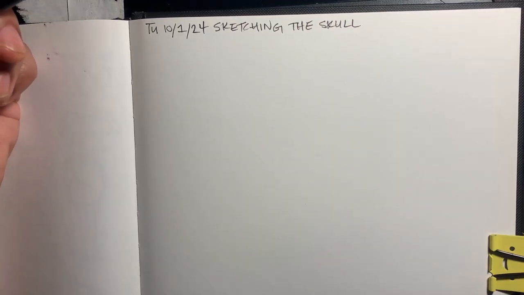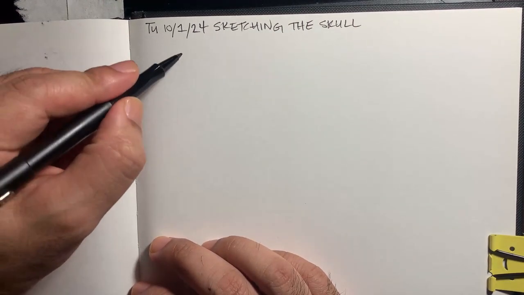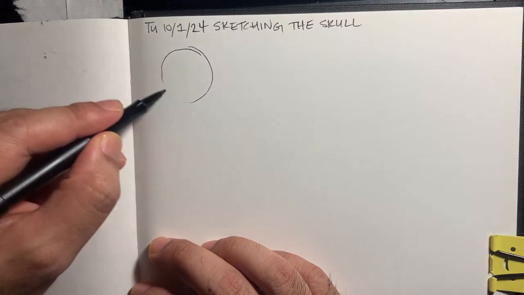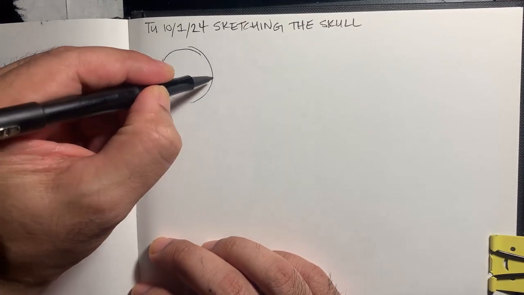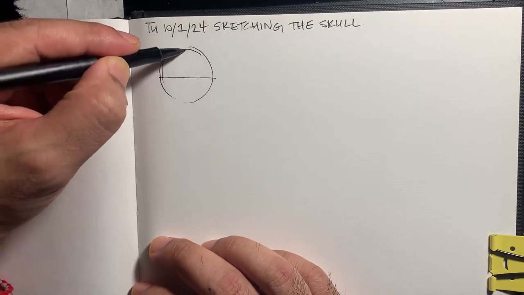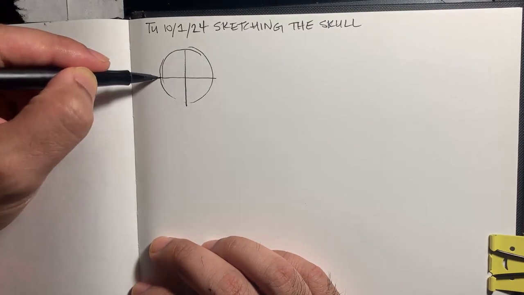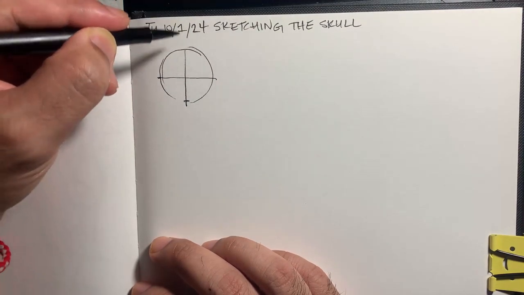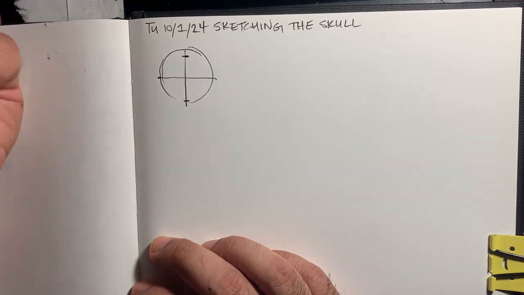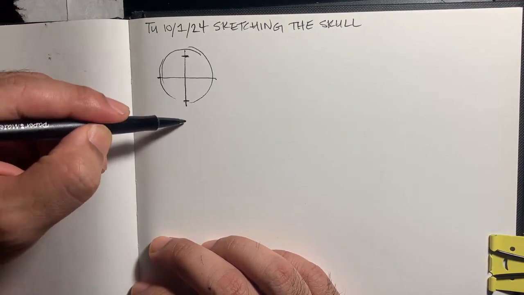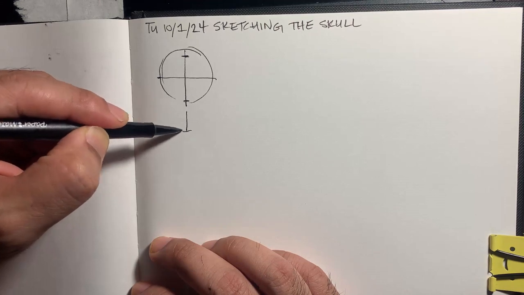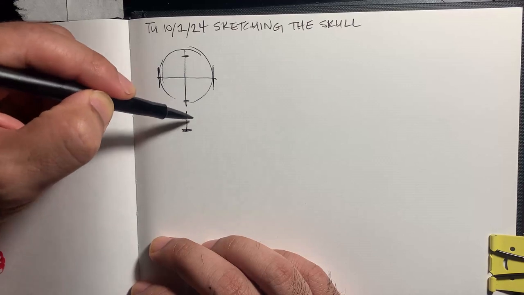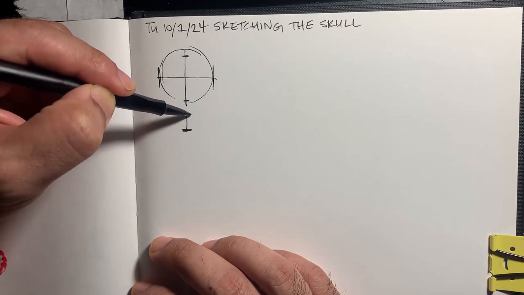There's the popular Loomis method, where you draw a circle like this, and then the midpoint here is the brow line, and then this is the nose, and I guess the hairline right there. And then the mouth is somewhere around here.